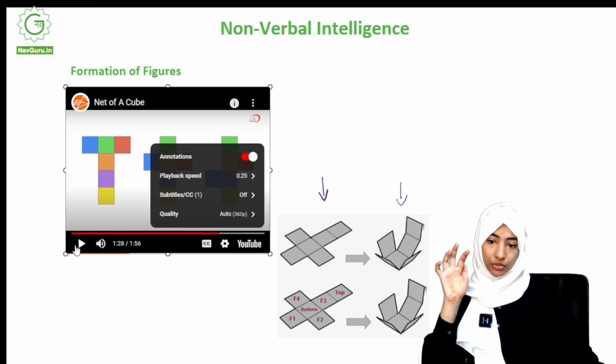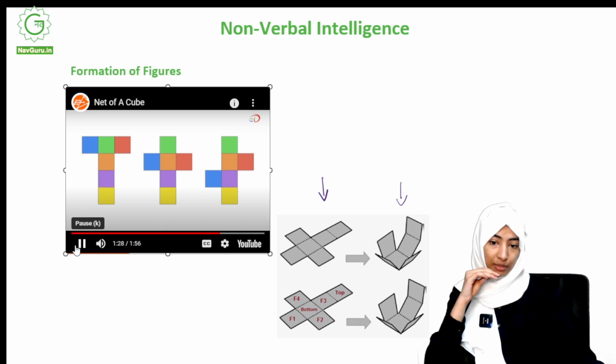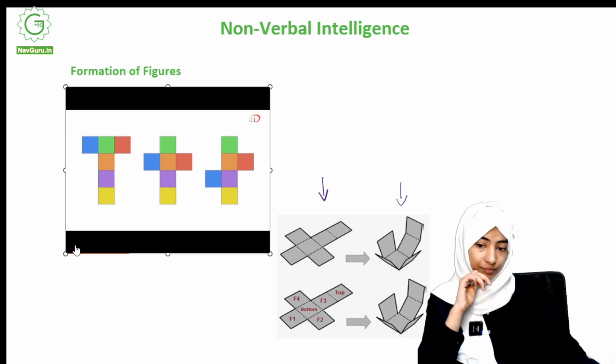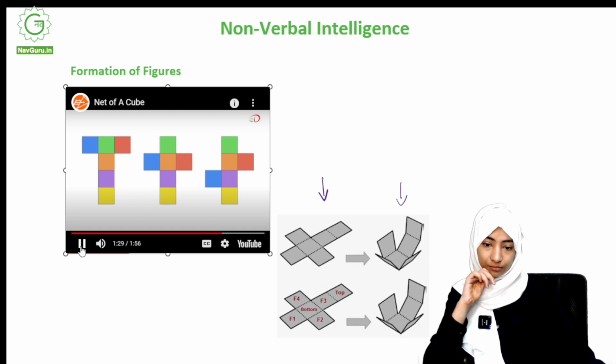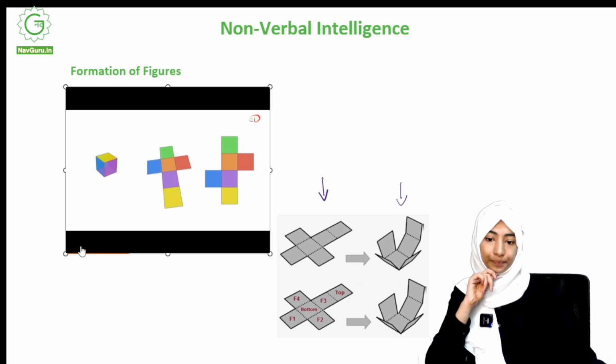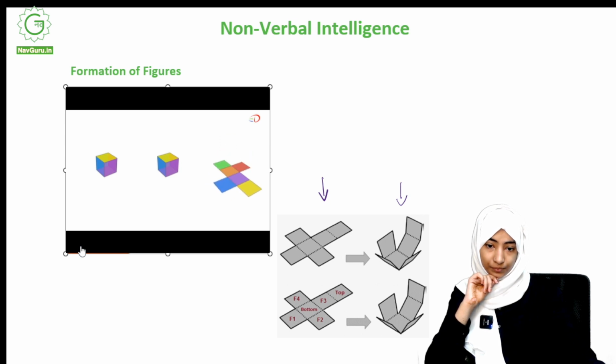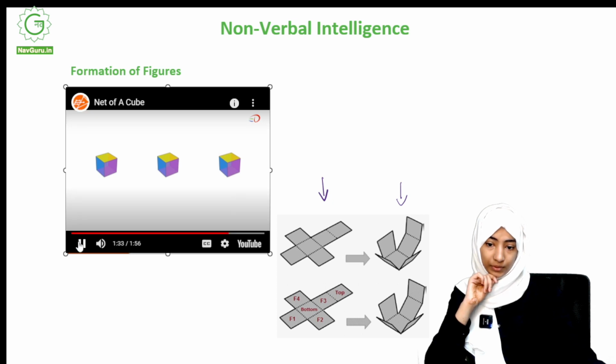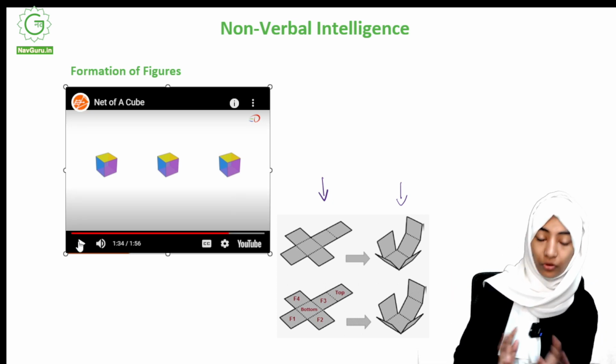Okay, so just look at how the cubes are being formed from this figure. Right? So these are three ways of forming a cube.